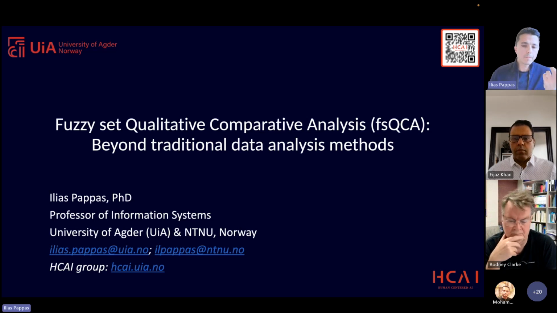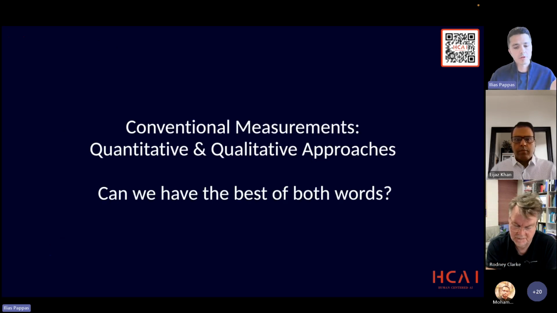The conventional measurements, the classic qual and quant approaches that we are all using, come with limitations and come with benefits. Every now and then we try to think of whether we can have the best of both worlds.